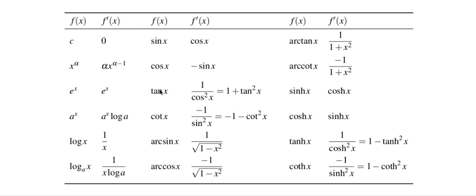The tangent and the cotangent you can prove on your own. The arcsine we have seen, and the arccosine you can prove as well. The arctangent and arccotangent you can prove. The derivatives of the hyperbolic sine and cosine are just derivatives of exponentials, so it's easy to see them. And the same with the hyperbolic tangent and cotangent, using the quotient rule. So these are the derivatives that you need to remember.